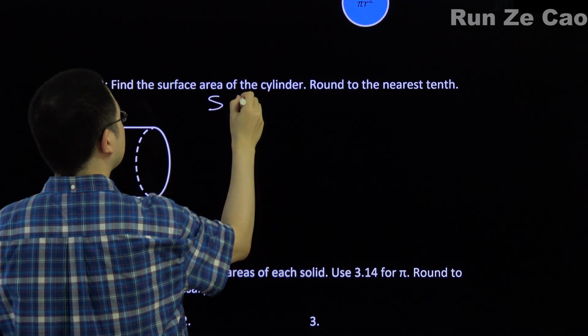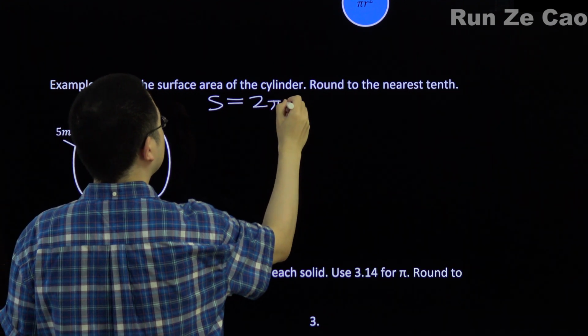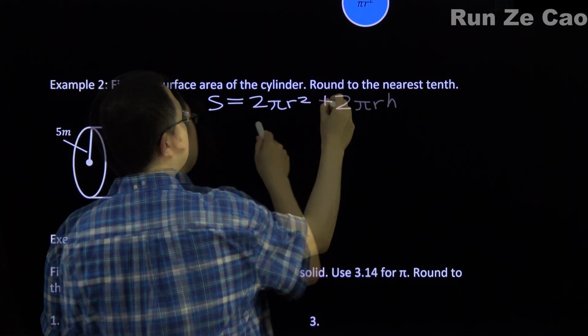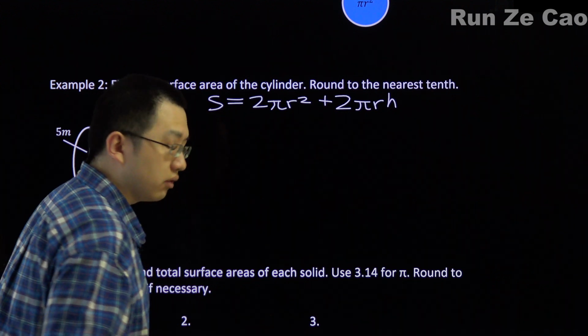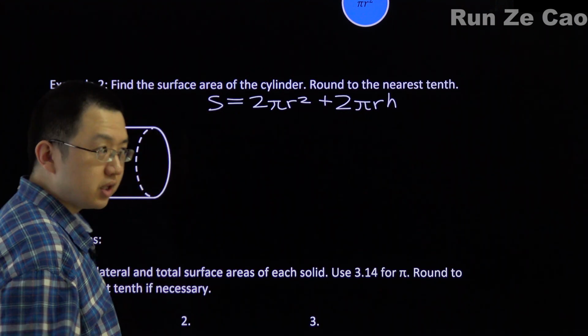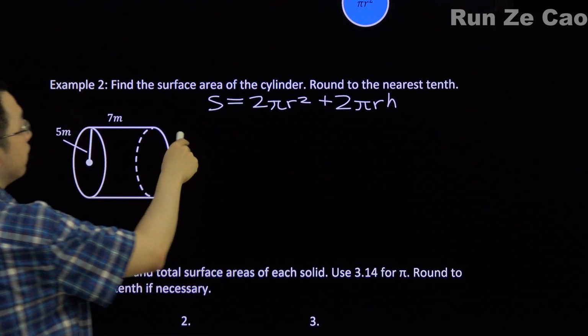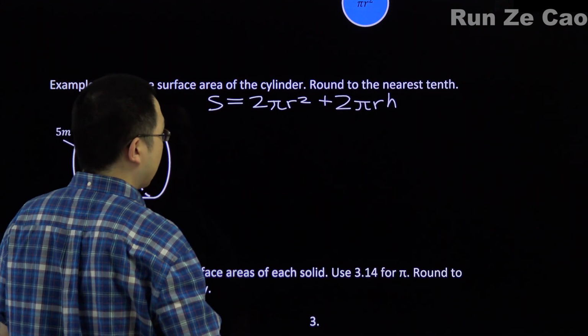So, surface area is equal to 2 pi r squared. I'm used to this format, by the way. I'm used to this version, which puts the two bases first and then the lateral area.